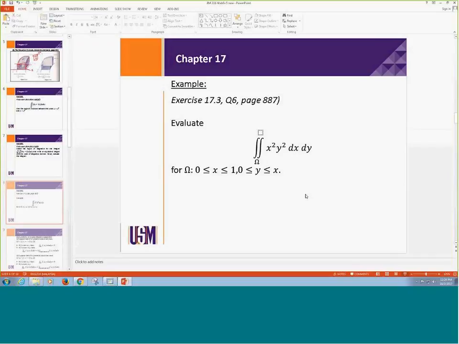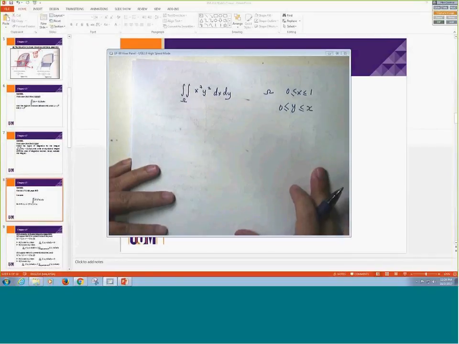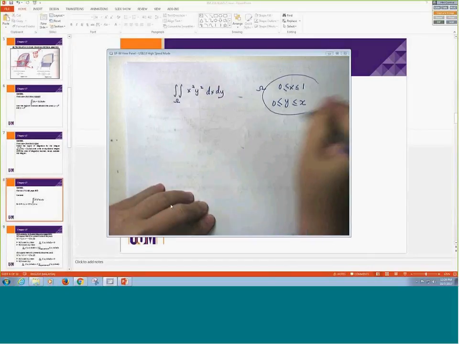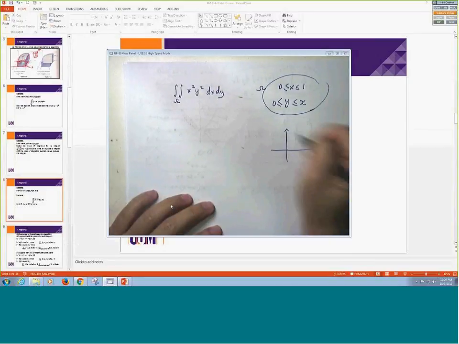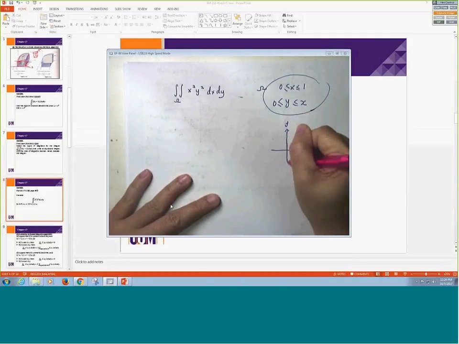Okay. So for this question again, like just now, you need to sketch the region omega here. For the region omega, x is from 0 to 1. It means there will be the region you take, this is x equals 0 and x equals 1.